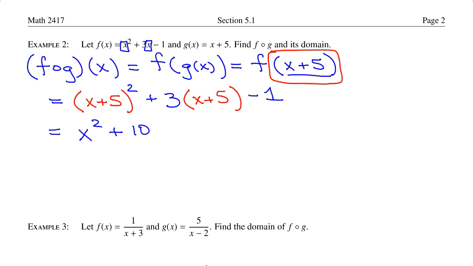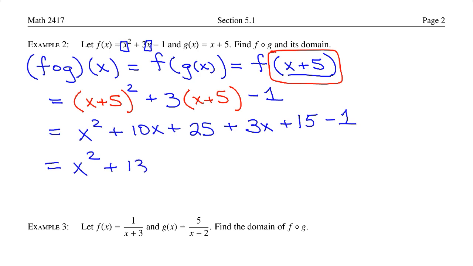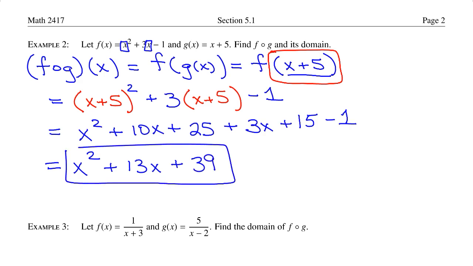So square the x, then do 2 times 5 times x to get 10x, plus 5 squared is 25. Distribute the 3: 3x plus 15, minus 1. And then simplify that, and we get x squared plus 13x plus 39. And that is the function f composed with g.